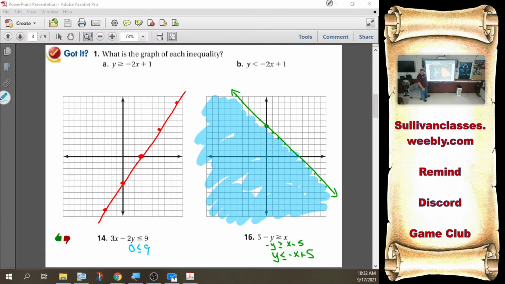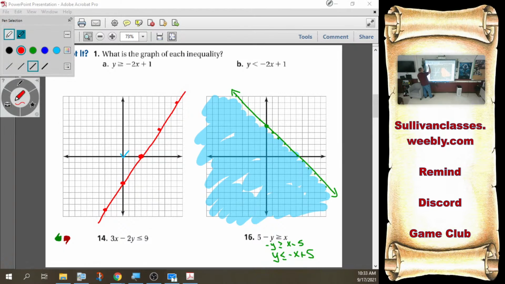Is that a true statement? Yes. Is 0 less than or equal to 9? Yeah, it's less than it. So this is an answer. If 0, 0 is an answer, everything on that side is an answer, I will shade.